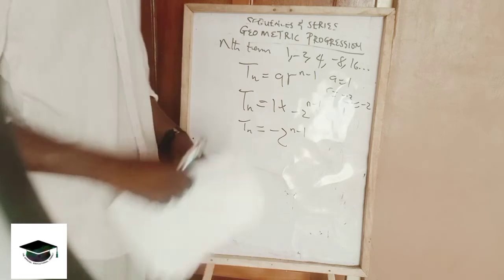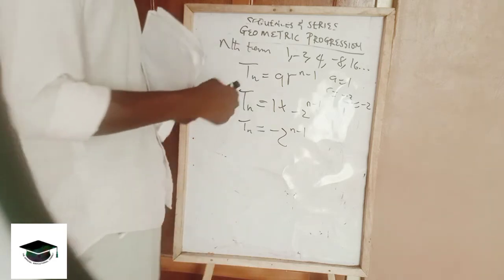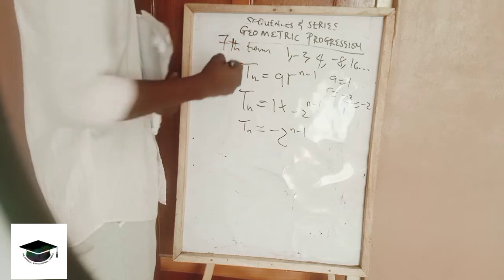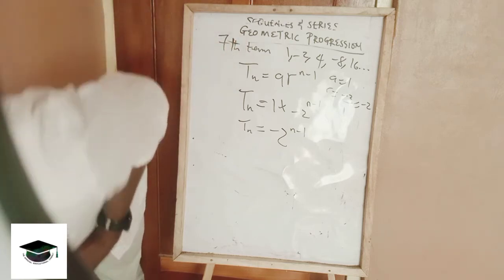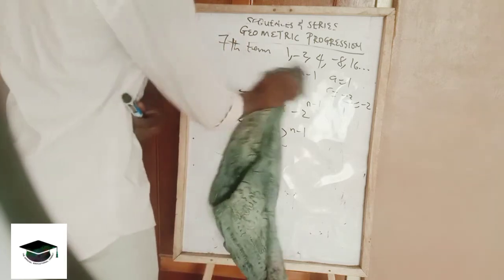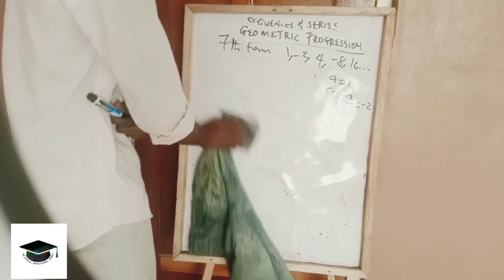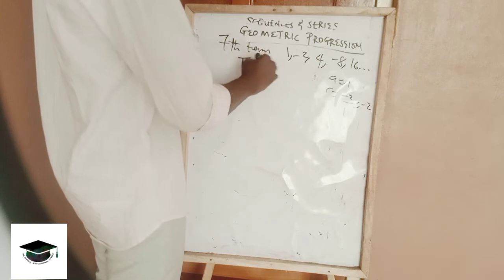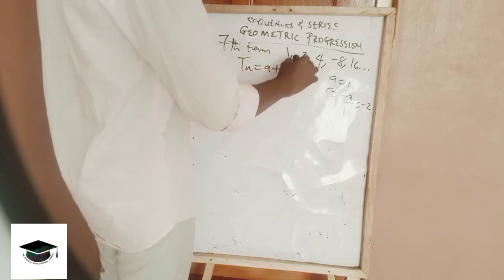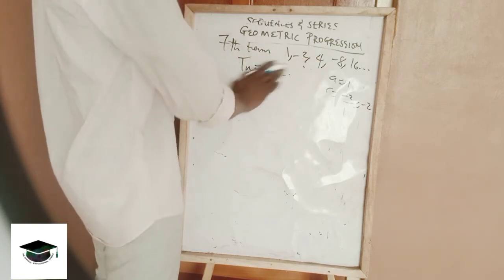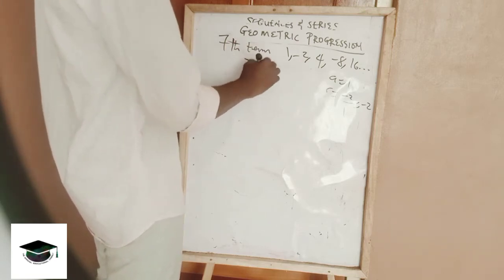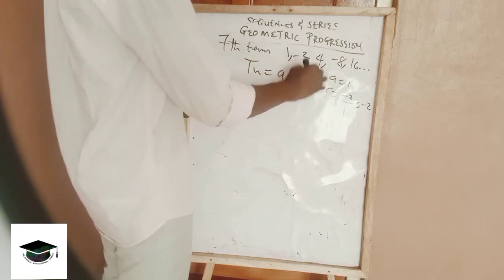But if they ask you, okay, what is the seventh term? I want to twist that question for you. Find the seventh term. How do you do that? Normally Tn equals A plus n minus 1, right? Sorry, that's AP rather. So now Tn equals AR raised to power n minus 1.